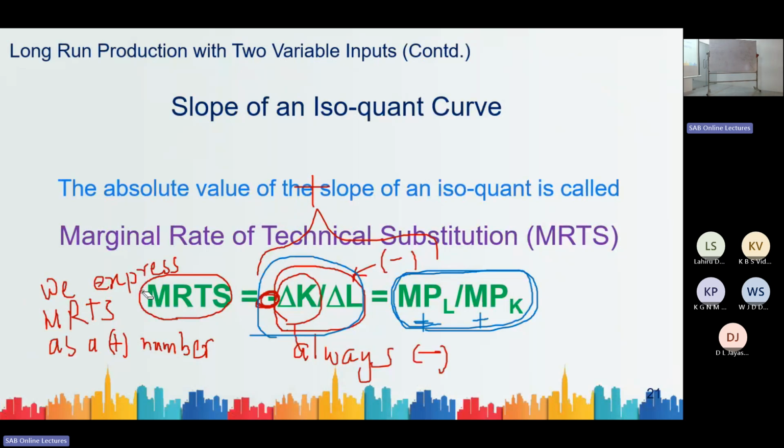We always express marginal rate of technical substitution as a positive number. We can also calculate it in this way, MPL over MPK.